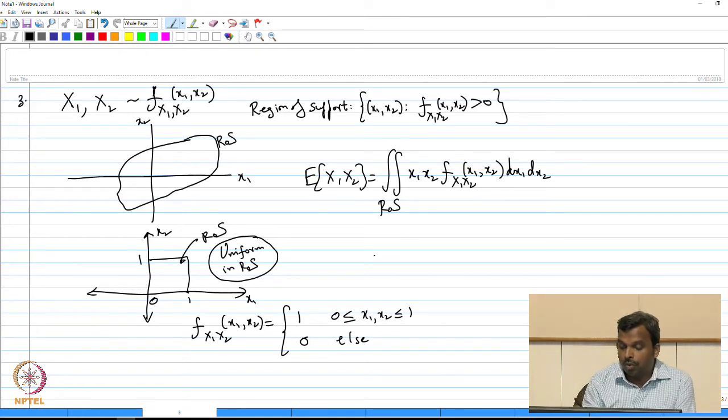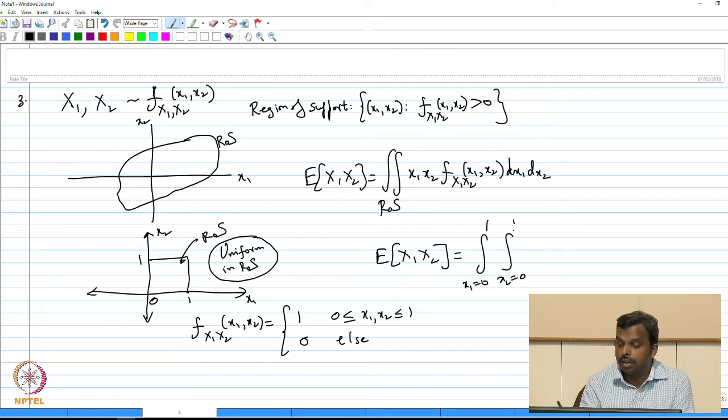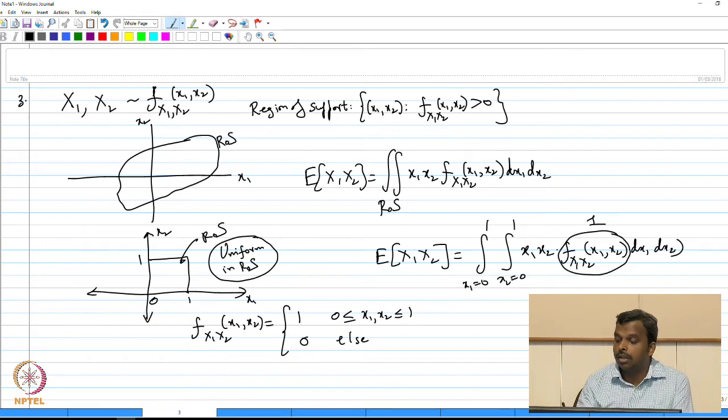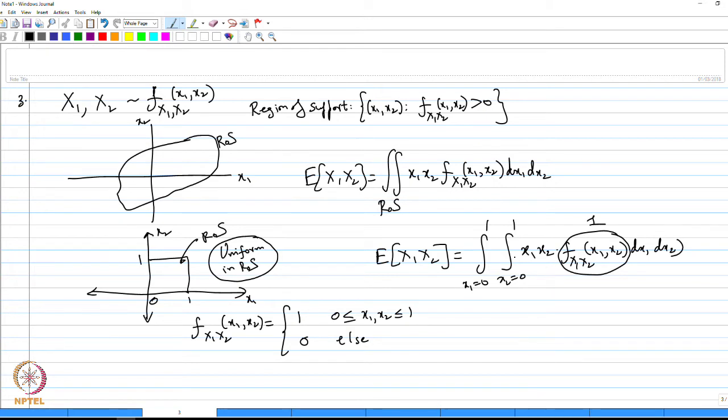Now if you want to compute the expected value of x1 x2, I'm simply going to do an integral. x1 goes from 0 to 1, x2 goes from 0 to 1, x1 x2 times f_{x1,x2}(x1, x2), dx1 dx2, the same formula, but I know this is now 1. So it's just the integral 0 to 1 of x1 and then the integral 0 to 1 of x2. See, this integral will actually separate out.